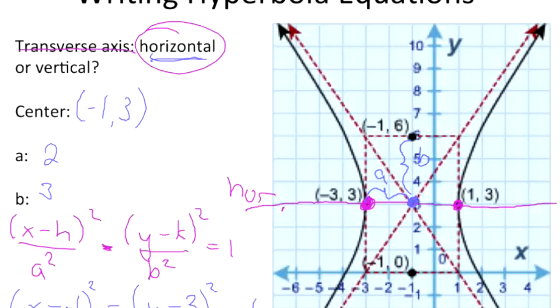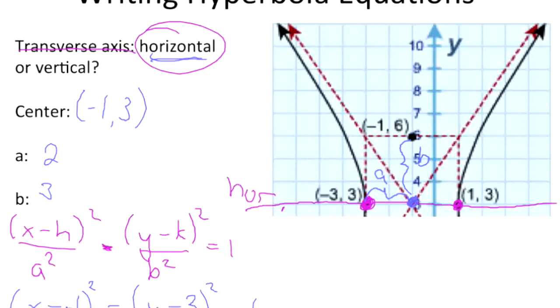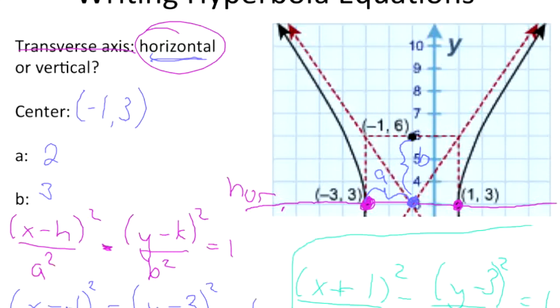Go ahead and simplify that, and let's write our final answer together. Your final simplified answer would be x plus 1 quantity squared divided by 4 minus y minus 3 squared divided by 9 equals 1.